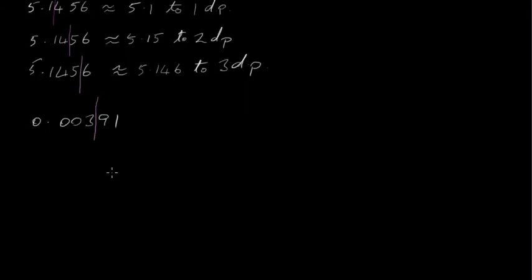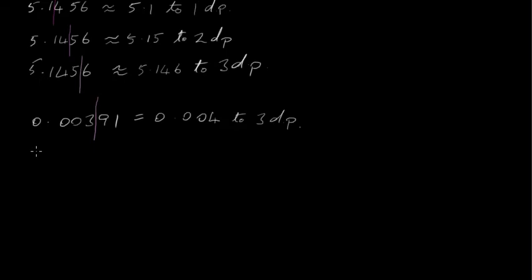So I'll draw a line here. So that's going to be equal to 0.00. Is it going to be 3 or 4? It either remains at 3 or you round it up 1 to 4. So you look at the number after the 3. The number after the 3 is a 9. So that's a 5, 6, 7, 8 or 9, which means that 3 rounds up to 4. So you end up with 0.004, and that's to 3 decimal places.